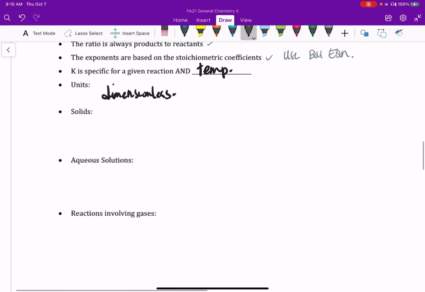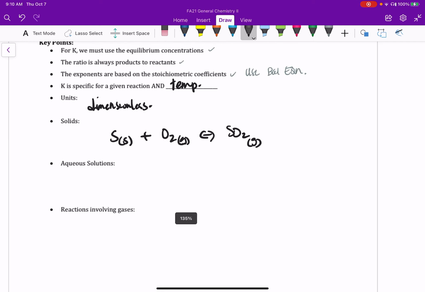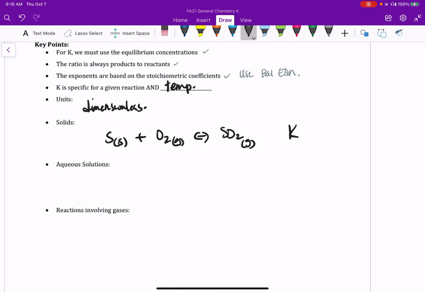When I'm working with a solid, we're not going to include those in the equilibrium constant. So let's say we have, let me see, let's do sulfur. So sulfur plus some oxygen gas, and this is going to produce SO2, and it's reversible. So if I want to do a K for this reaction, it's always products over reactants.